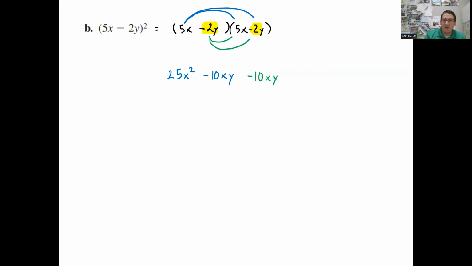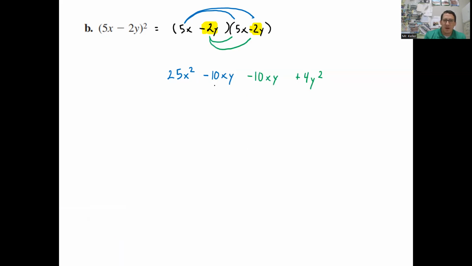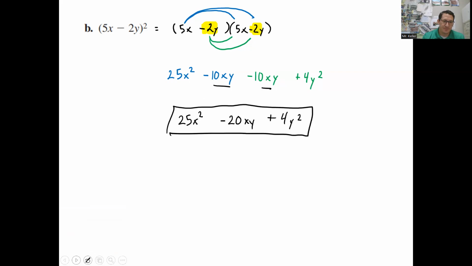And then here, negative 2 times negative 2 is a positive 4. Y times y is y squared. So here, combine like terms in the middle. So I'll have 25x squared, negative 10xy combined with negative 10xy is negative 20xy, plus 4y squared. And we're done with that.